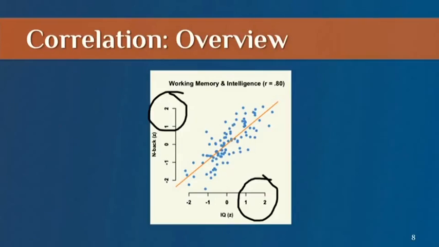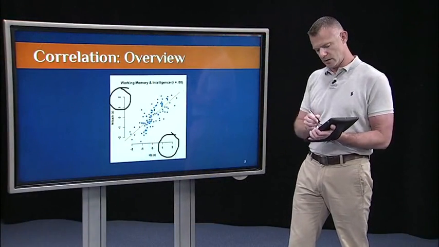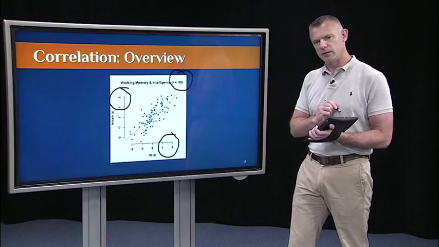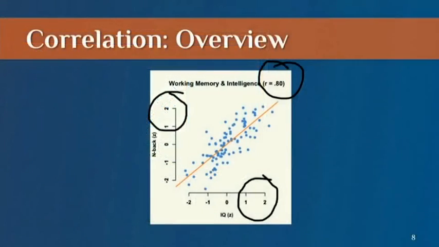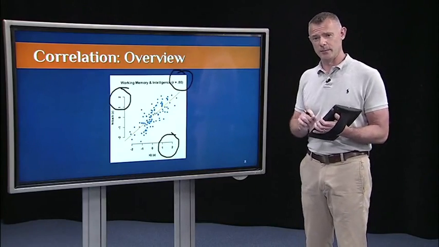That's a positive correlation, and it's a pretty strong positive correlation. If you see up here, little r is 0.8. In the next segment, I'll show you how to calculate that little r, but just for now, know that that's a really high correlation coefficient. It's actually rare that we see them that high.